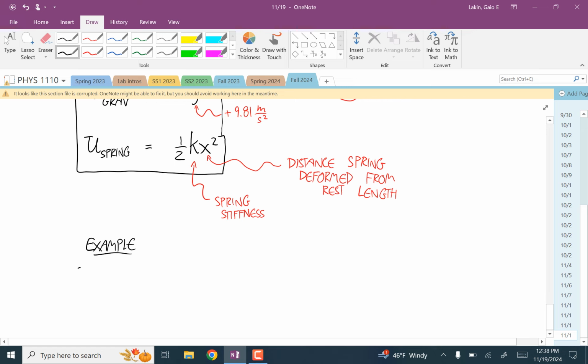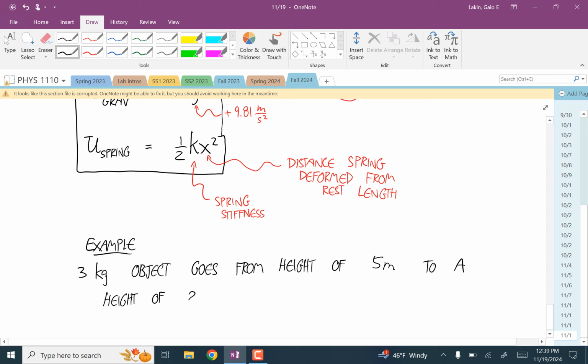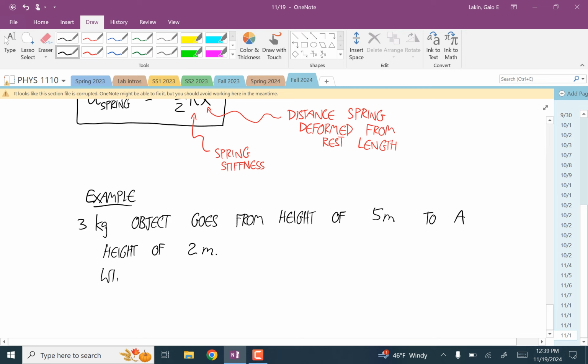So let's say that we have a 3 kilogram object that goes from a height of 5 meters to a height of 2 meters. And we want to calculate the work that's done by gravity. So what's the work done by gravity?